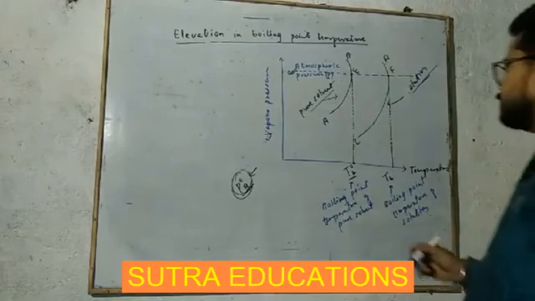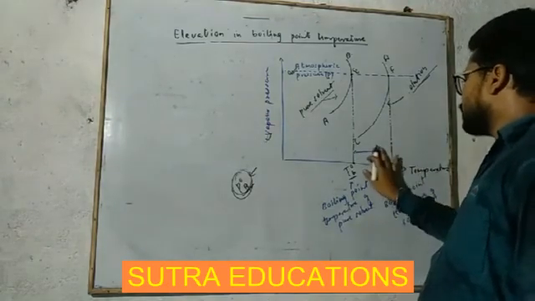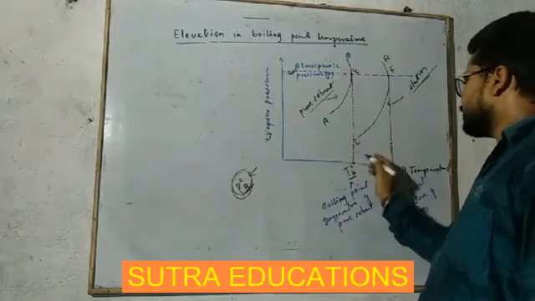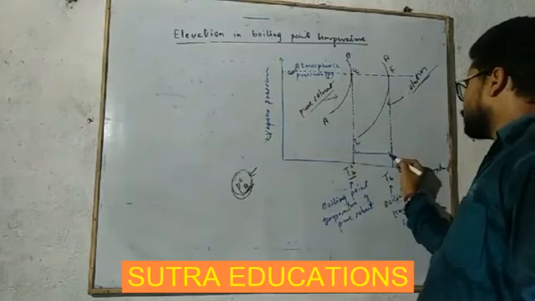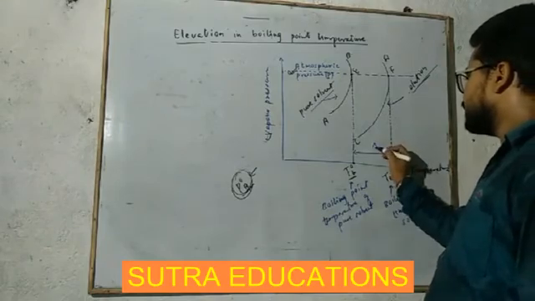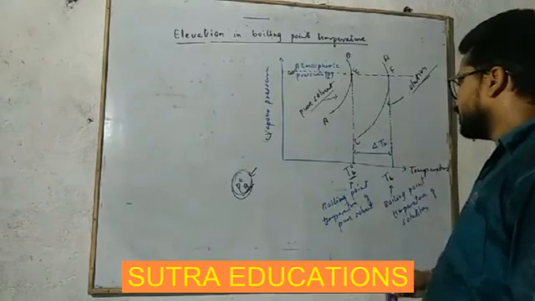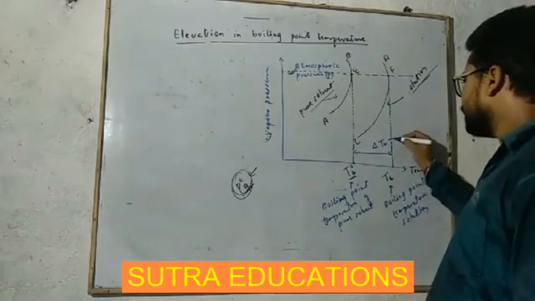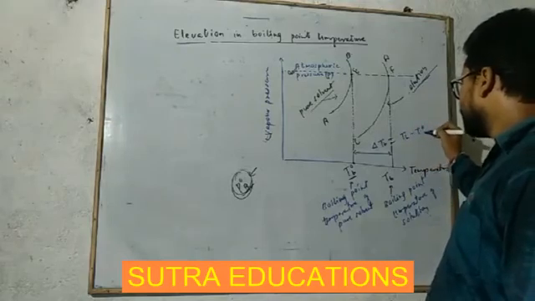Now you can see difference in temperature here. This is difference in temperature, and say this is delta TB. Delta denotes difference, and what will be value of delta TB? It will be equal to TB minus T0B.